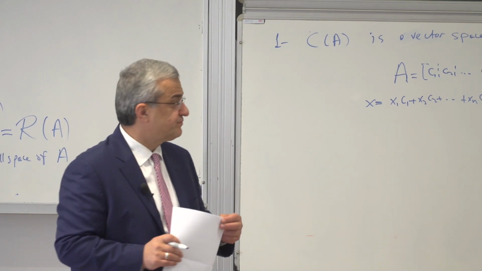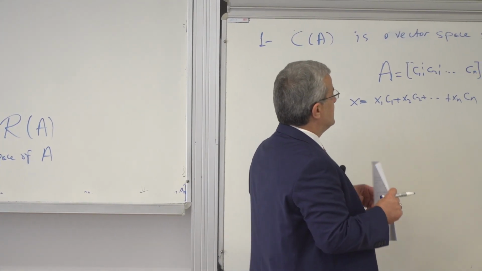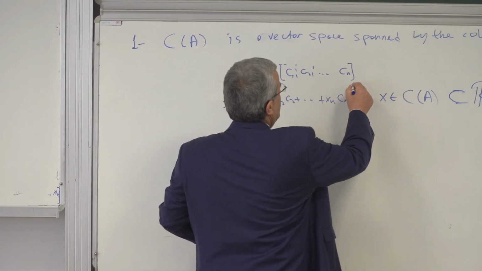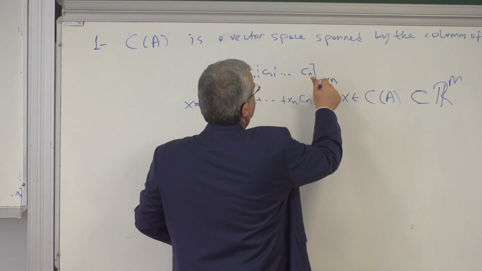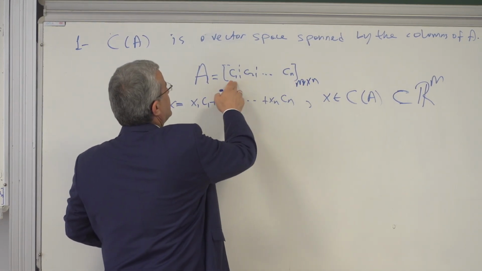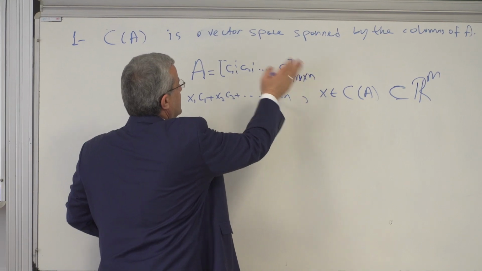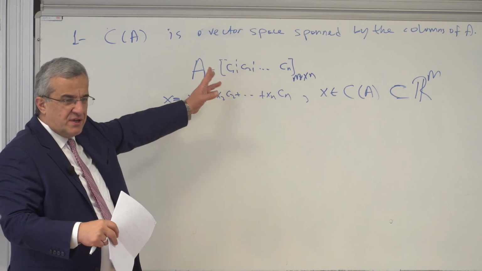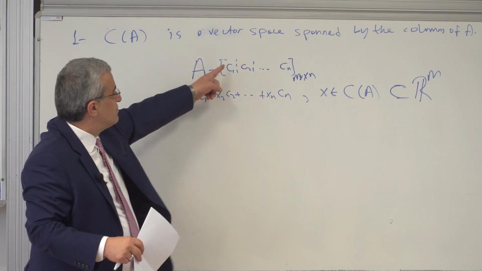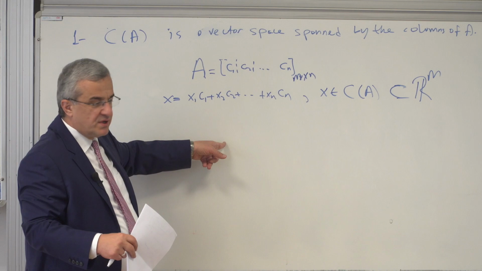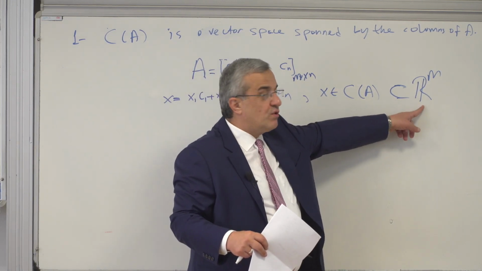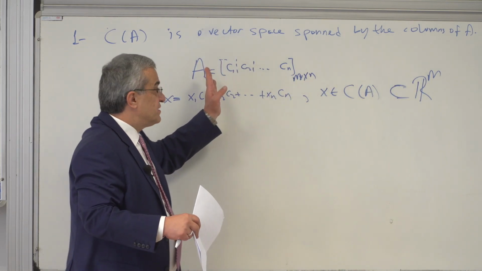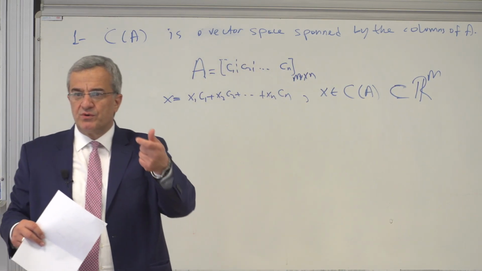No. So since this is m by n, you have n vectors here. There is nothing magic here, okay? Just do not confuse the number of components of a vector with the dimension of the space it belongs to, okay? So the number of vectors that spans it, number of linearly independent.